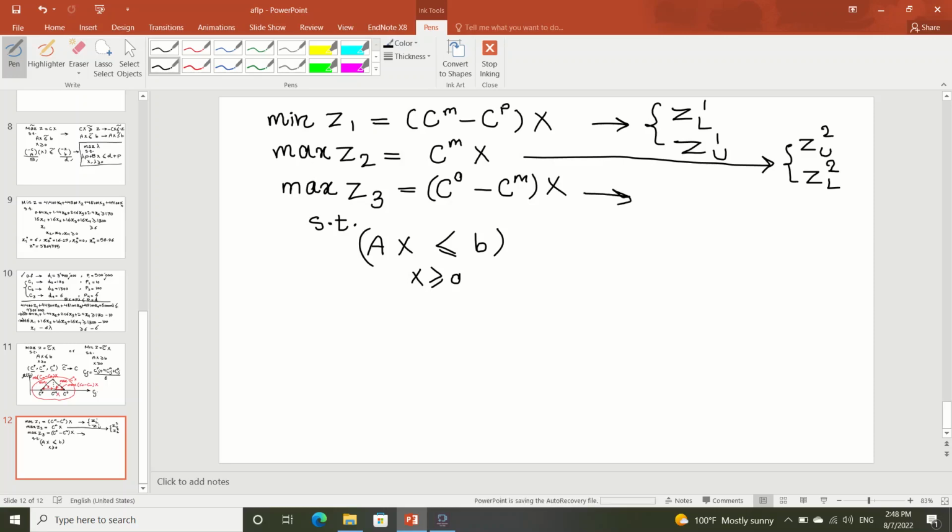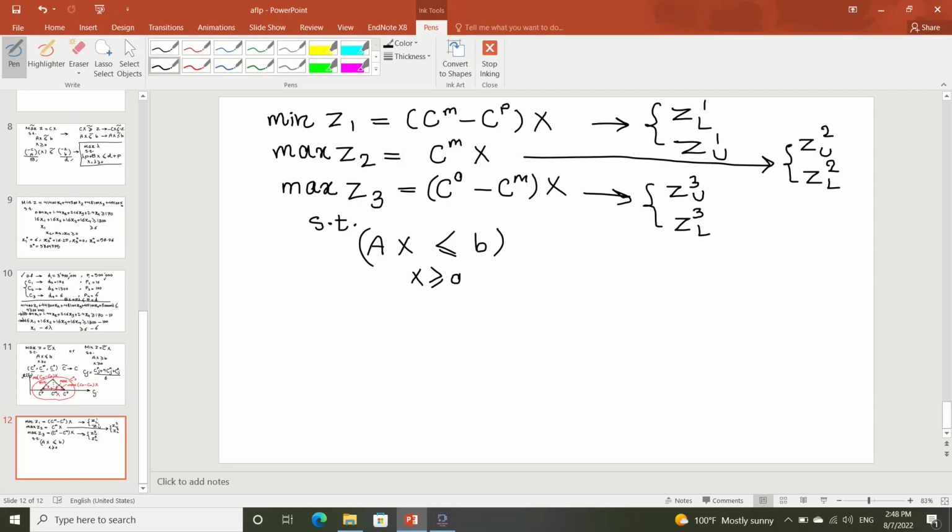And for the third objective function, you solve the maximum and minimum similar to the second. Z upper is obtained after solving the maximum, and Z lower is obtained after solving the minimum Z3.